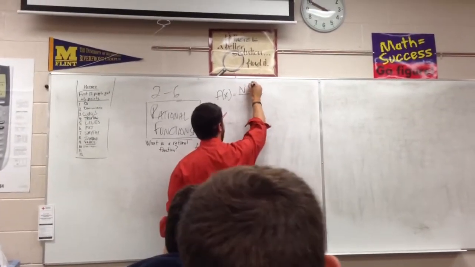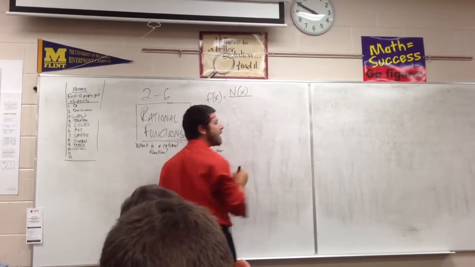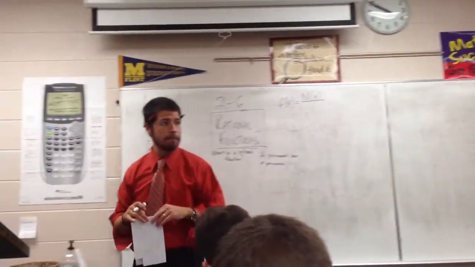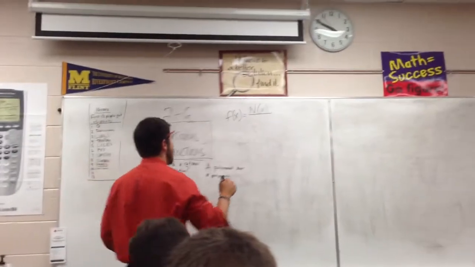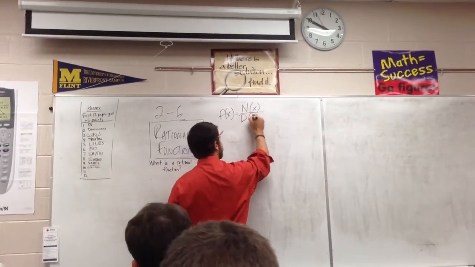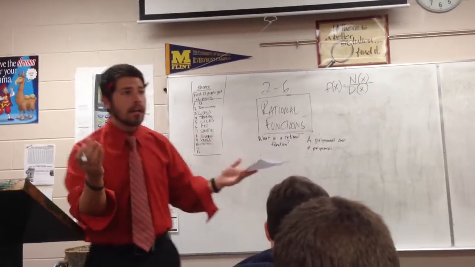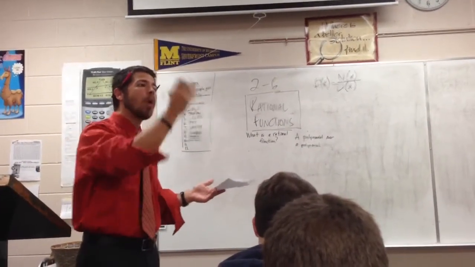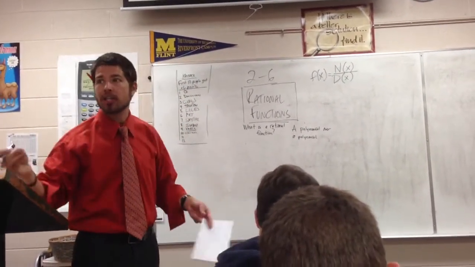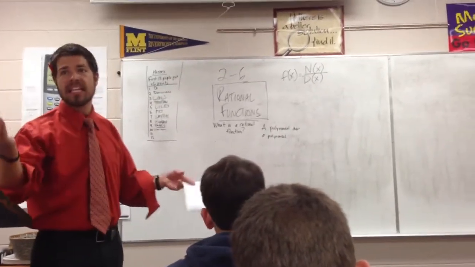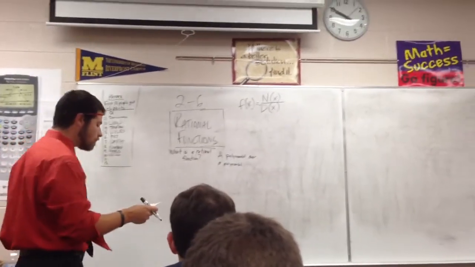So let's call that capital N of x. Okay? This is my numerator. And my denominator will be capital D of x. So if I talk about the N, I'm talking about what are the characteristics of the function that's on the top. And the D is on the bottom, and so on.